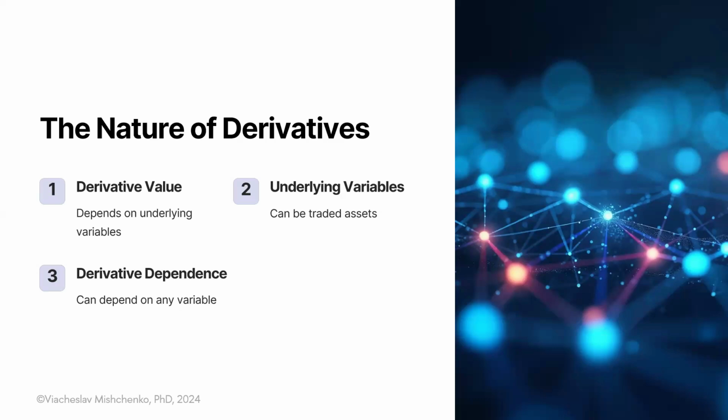The key insight is that derivatives allow us to create financial instruments tailored to a specific risk or a specific opportunity, even when those risks may not be directly tradable in the market.